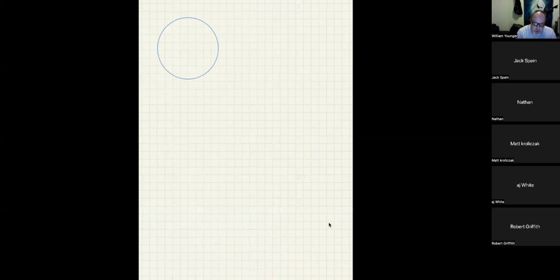Okay, so what we know is that the Earth is a sphere that has an axis of rotation that's tilted, or you could say the equator is tilted at an angle of roughly 23.5 degrees.